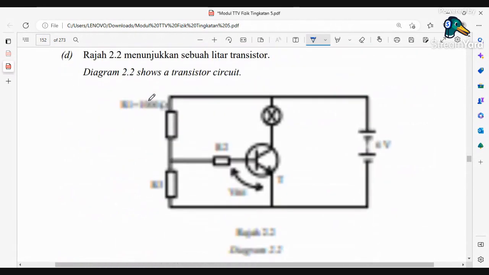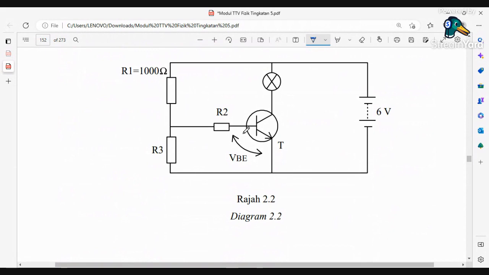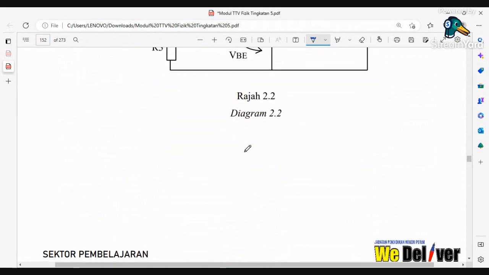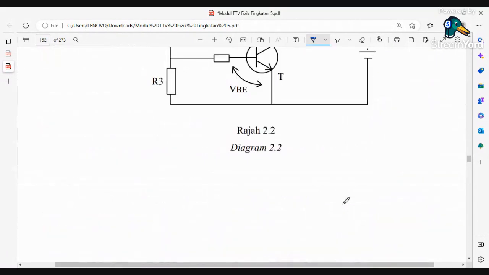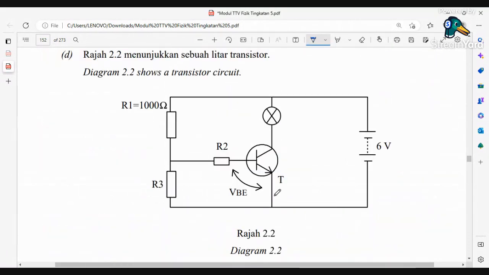Okay, part D 2.2 shows a transistor circuit. You are given three resistors R3 with resistance 50, 100 and 200 ohm each. Calculate the voltage across base emitter for each resistor. This is VBE.